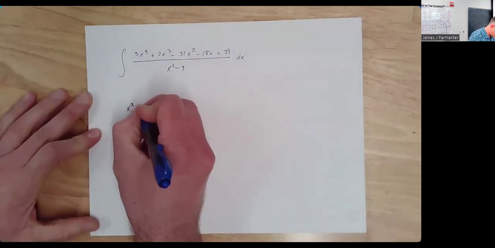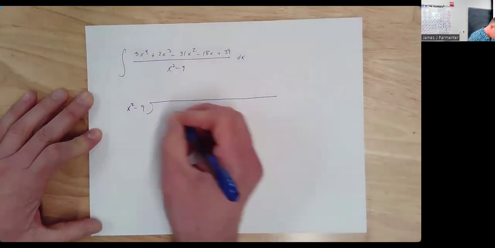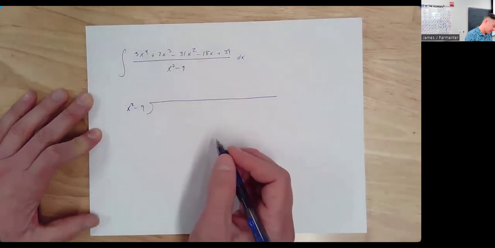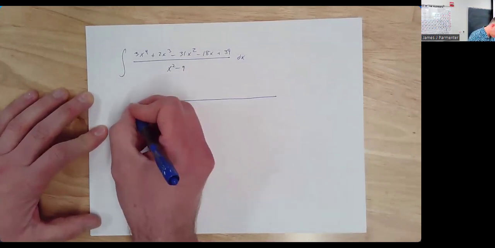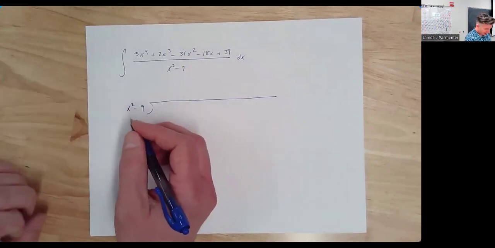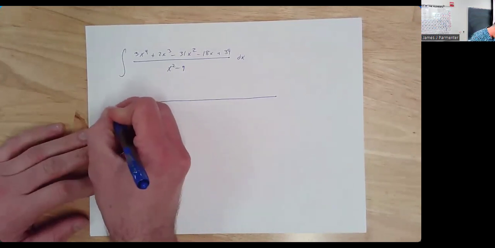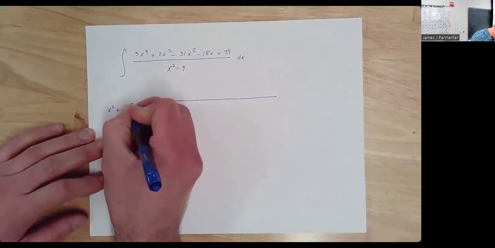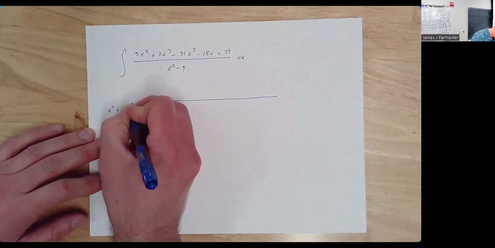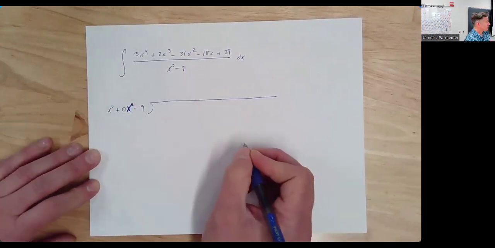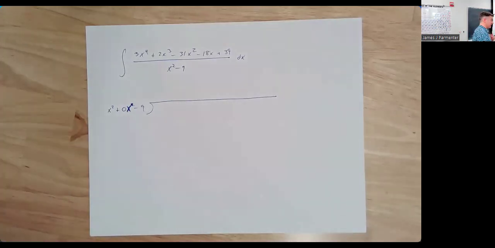So if we do it, the x squared minus 9 goes into the, yeah. I should say one thing here. I really should have my middle term here, so I should actually write this as x squared plus 0x. Sorry, that's an x, not an x squared, minus 9, so that when I multiply it out, the things line up nicely.